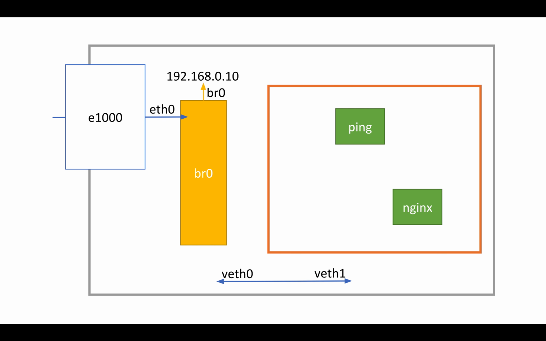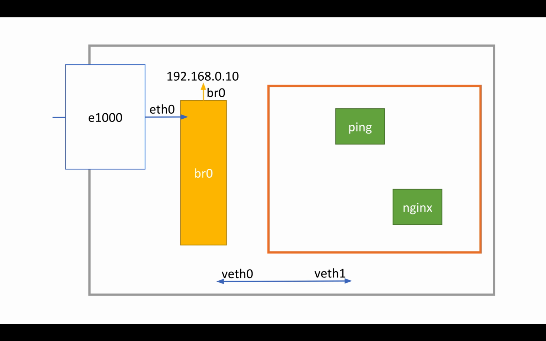But we can also use software to make other kinds of virtual interfaces as well, like the taps we saw and the tuns that we saw. Well, there's one more type, and it's called a veth pair, a virtual Ethernet pair. And like I was saying before, this orange box isolates many things. One of those things that it isolates is network, the software side of networks. If you think of eth0 as being actually a standardized software thing, anything within this orange box, the ping and the nginx processes, they can't see eth0, right?